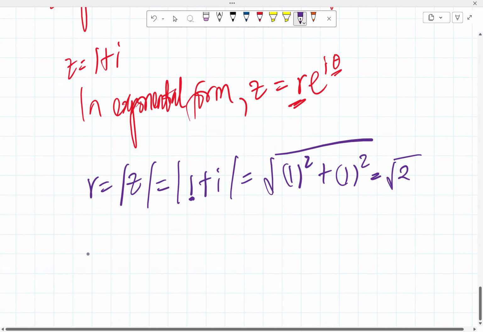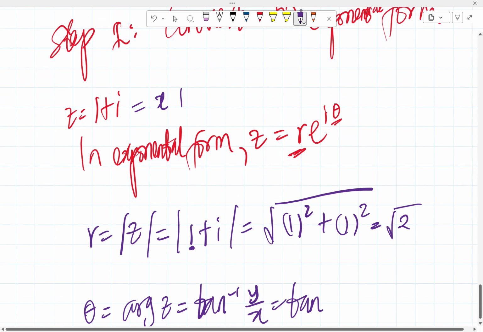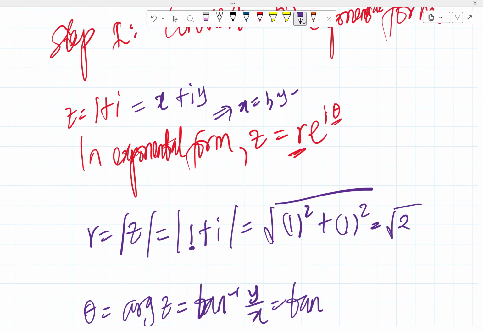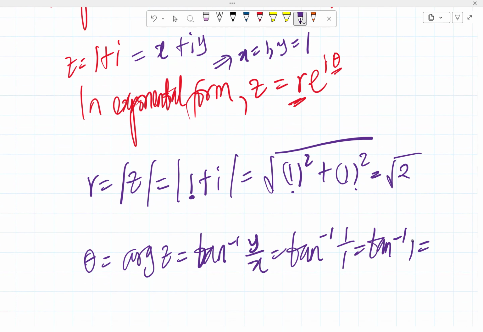And then we come to theta. We know that the argument of z is the same thing as arctan of y over x. If you write this as x plus iy, that tells us that x is 1 and y is also 1. So that's arctan of 1 over 1, which is arctan of 1, and that is 45 degrees, or in radians, pi over 4.